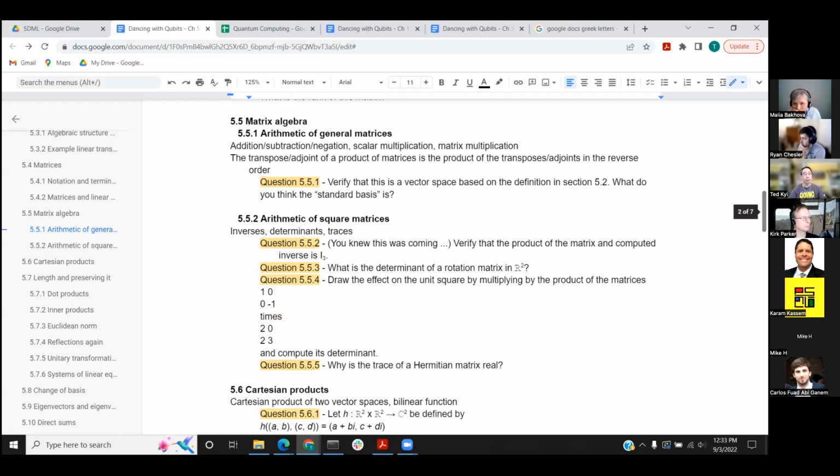And if you didn't know this, the transpose of A times B is the same thing as B transpose times A transpose, but you do have to flip the order. And the same thing is true if you have complex numbers: the adjoint of A times B is B adjoint times A adjoint.